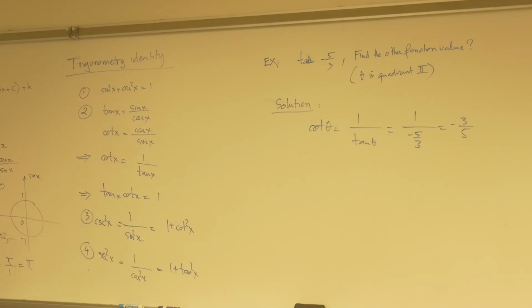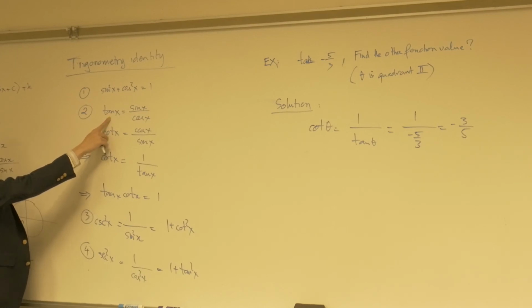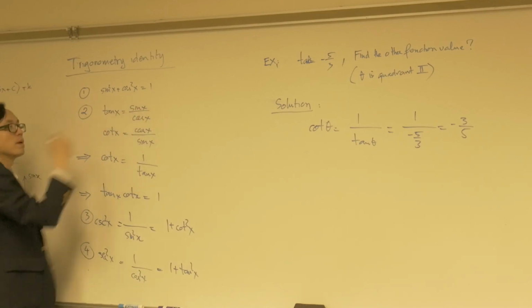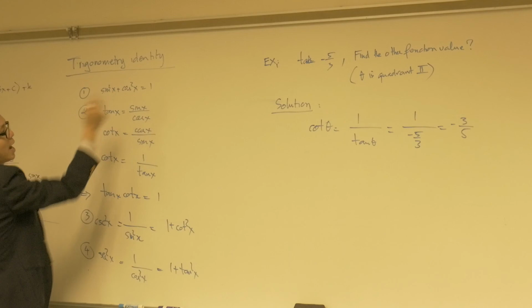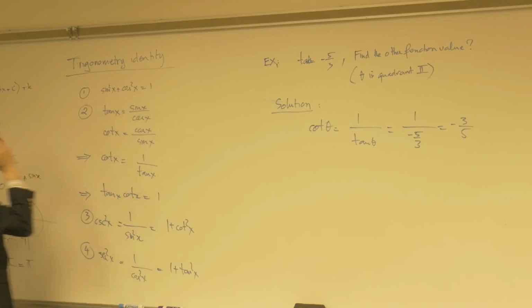Now we want to find sine or maybe cosine, and you have to check which identity is related to tangent. Which one relates tangent and sine and cosine? The second one? When you use the second, I have tangent here, but we don't have both sine and cosine. You cannot find sine or cosine if you have two unknown variables. So maybe we have to use another one.